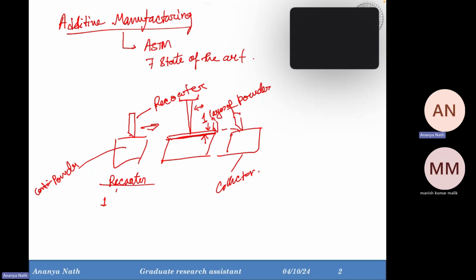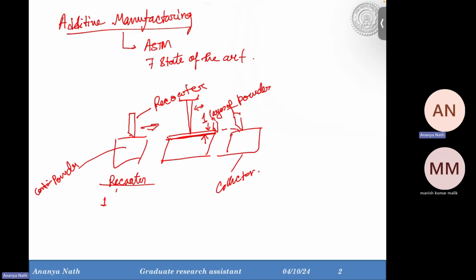So by this point, I think you know what is powder bed fusion, and now let's understand a few things. So today we will be talking first about the recoating system. Then I'll be talking about the material aspect, like whether we are using polymer or metal and how polymer will be used, how metal will be used.